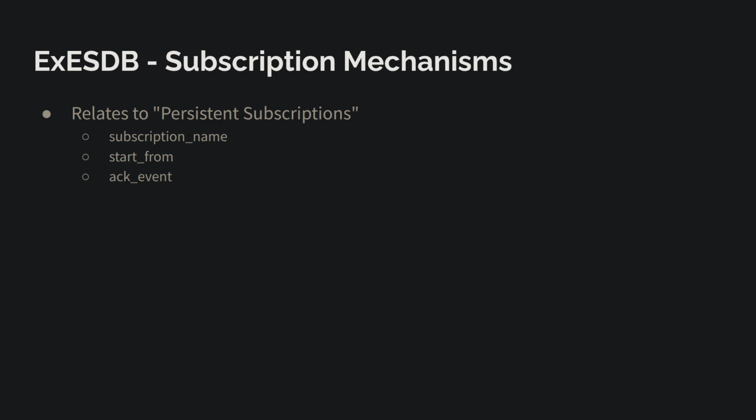So also an acknowledge event function is provided so that the subscriber can acknowledge reception of a particular event and thus update the start from pointer.